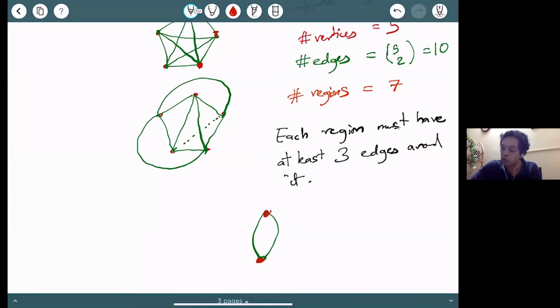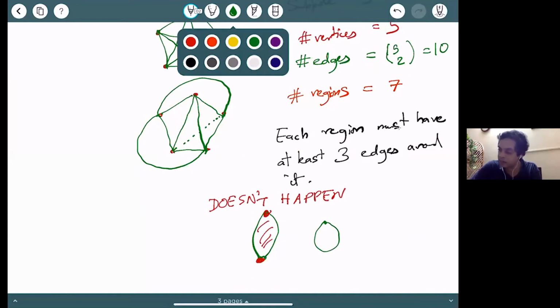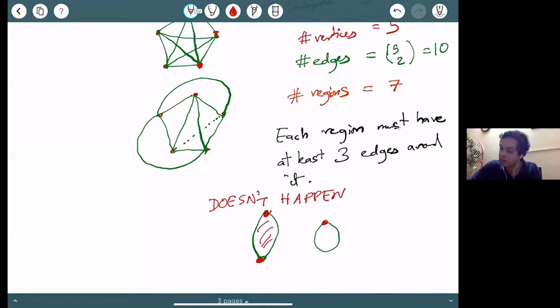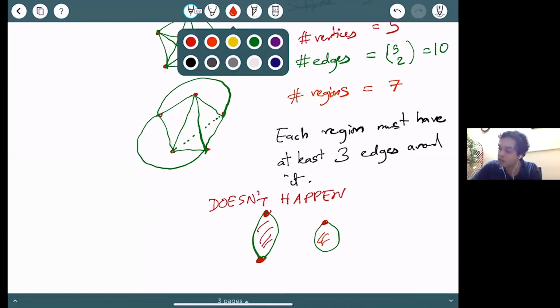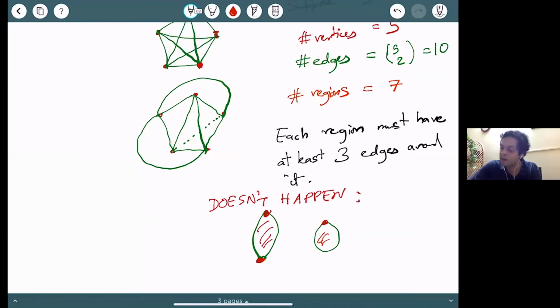So this doesn't happen, and neither does a single edge around a vertex like this. These two don't happen, so you must have at least 3 edges.